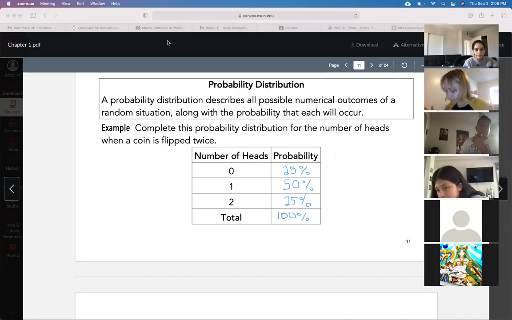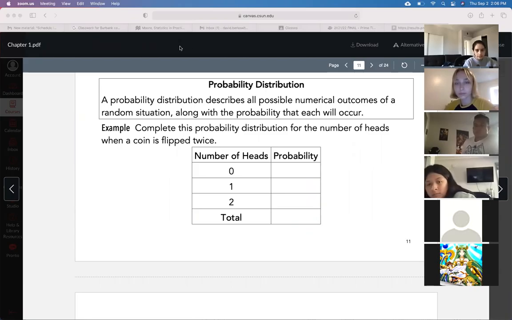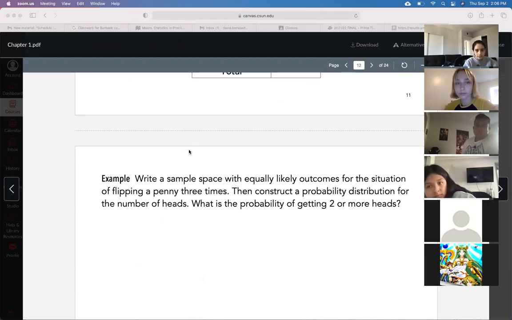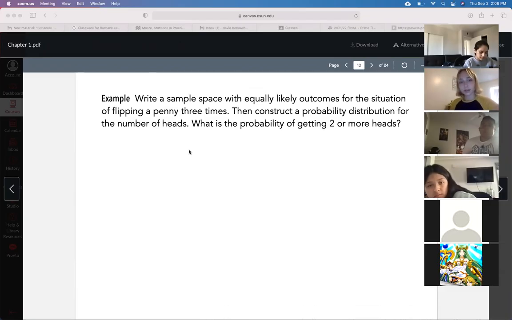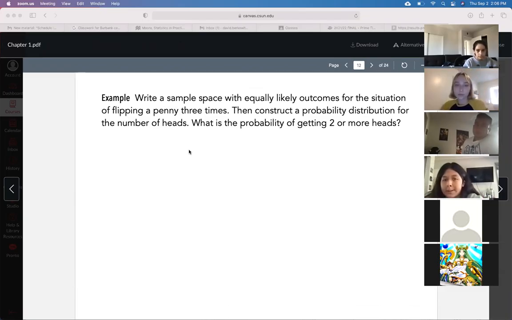All right. Okay, so let's move on now to the next. Oh, can I hit clear? Hey, that worked. Okay, so let's scroll down. So here's another one. Write a sample space with equally likely outcomes for flipping a penny 3 times. So remember what a sample space is.